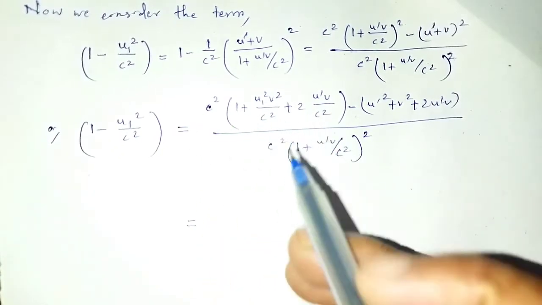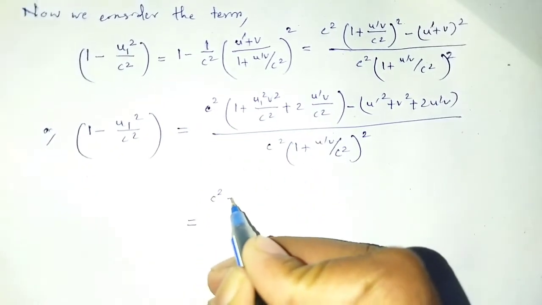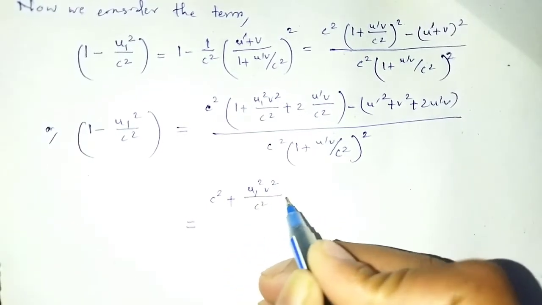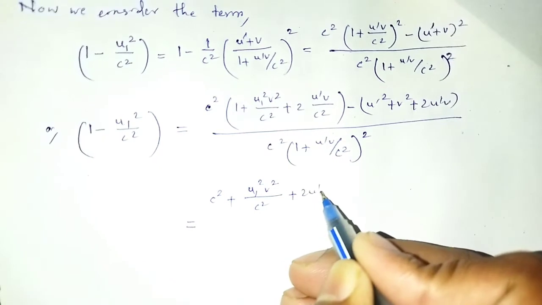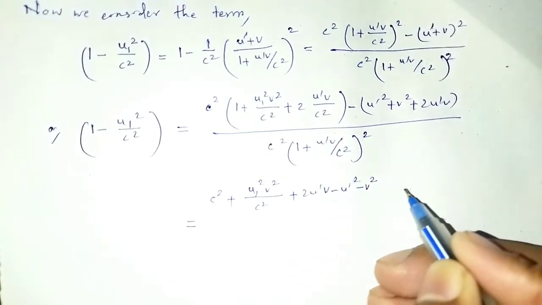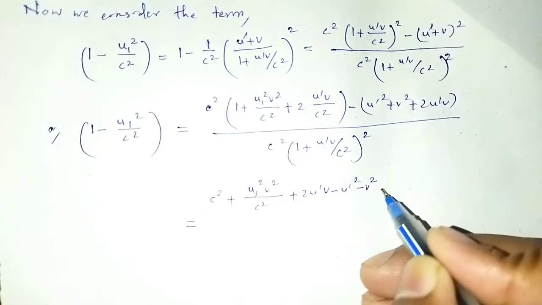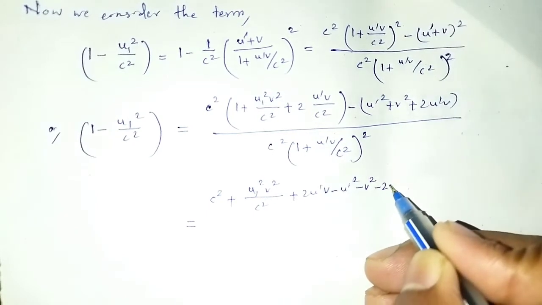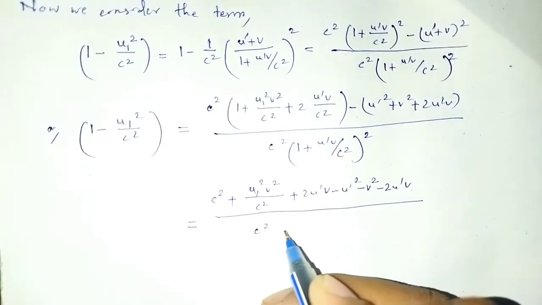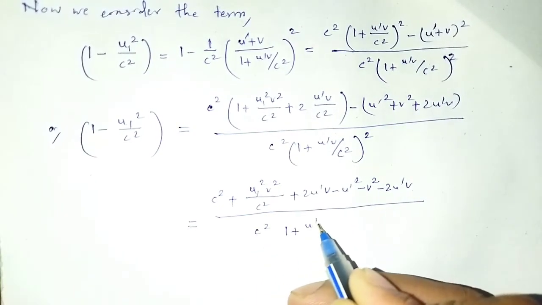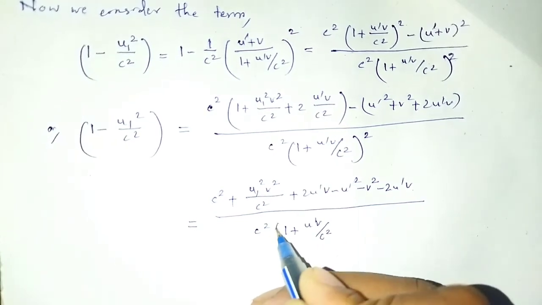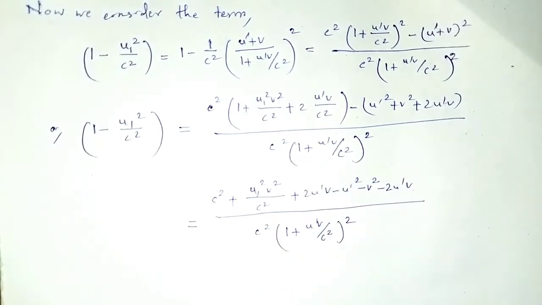Multiplying by c square, we get c square plus u dash square v square divided by c square plus 2 u dash v minus u dash square minus v square minus 2 u dash v, divided by c square into 1 plus u dash v by c square whole square.